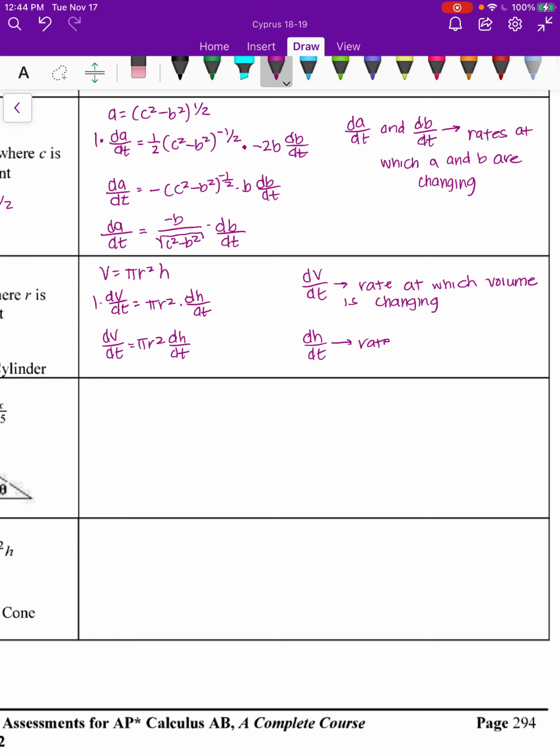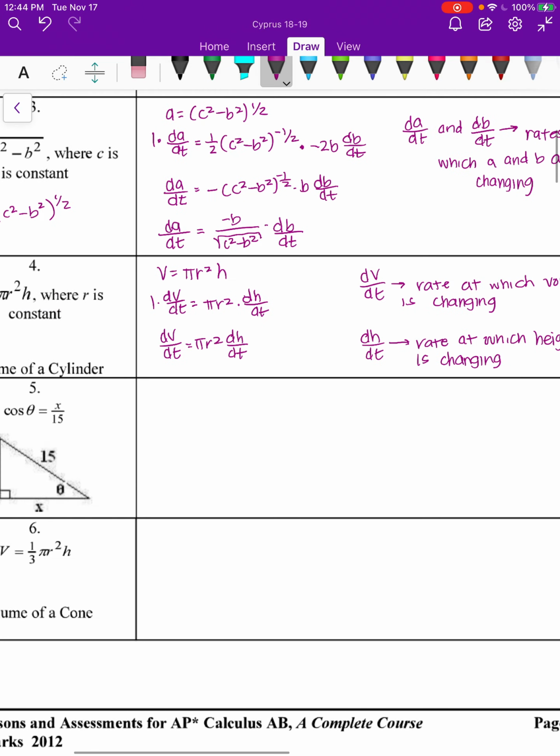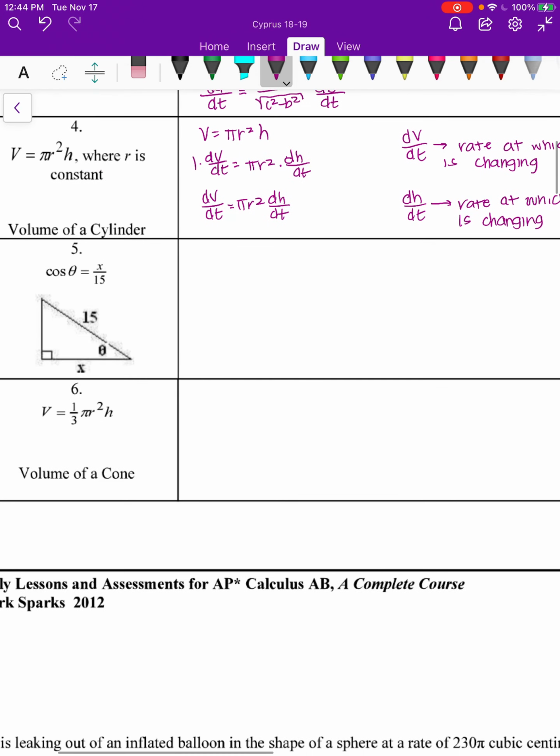And then dH dt is the rate at which the height is changing. Okay.